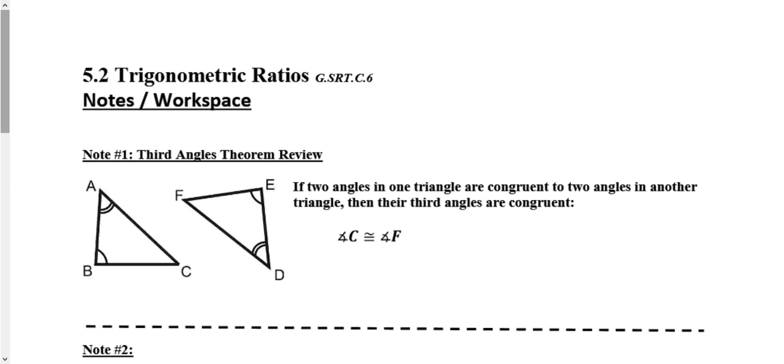Well, first of all, before we get to the other part there, the third angle theorem. You remember that, right? If two angles are congruent, one triangle to the other, what do you know about the third angles? They are congruent, right? So like I said, if I have a right triangle, one of the angles is what? 90.